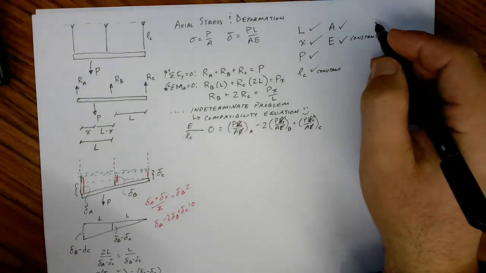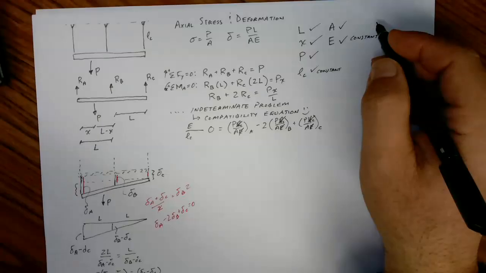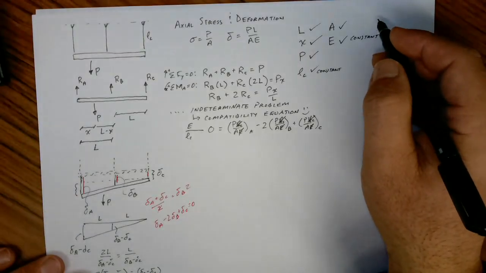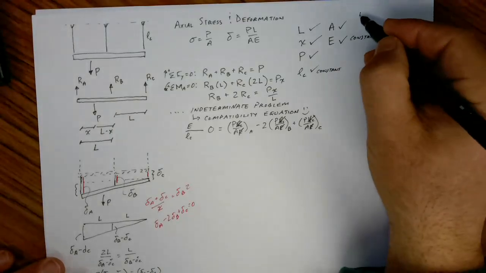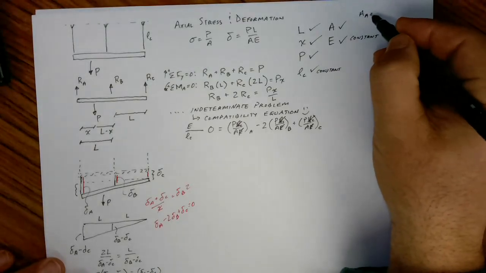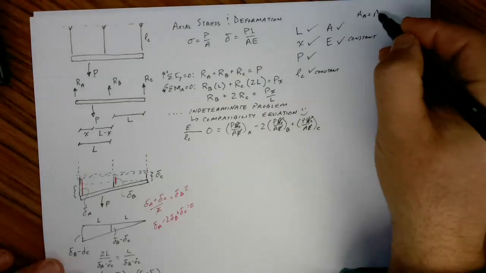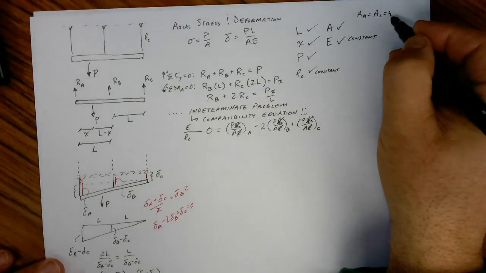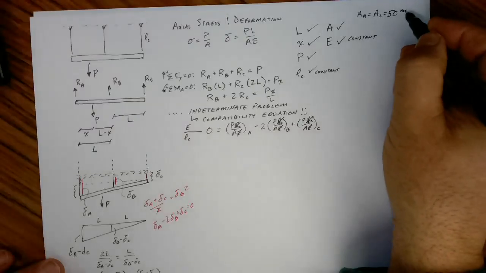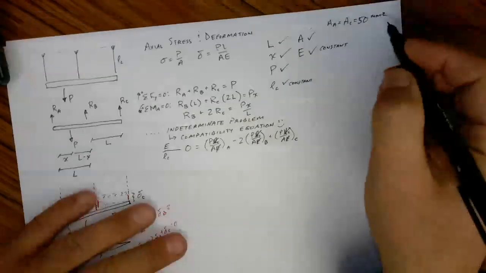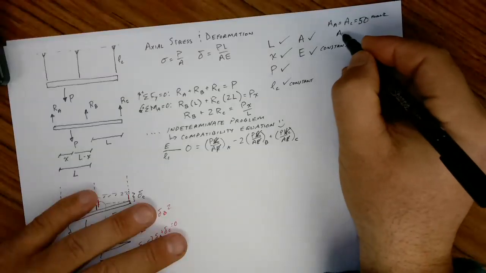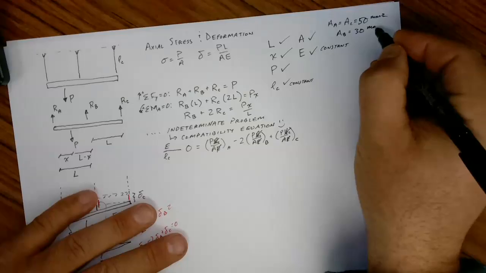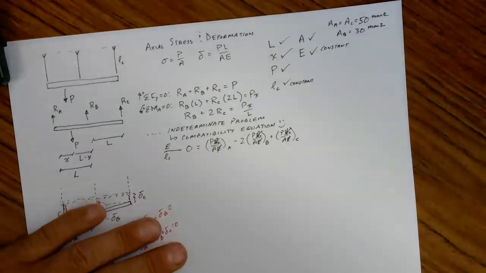For the particular problem that we're trying to solve, setting up the generic equation, we're given the area of A equals the area of C equals 50 millimeters squared by the corner, and the area of B is equal to 30 millimeters squared.